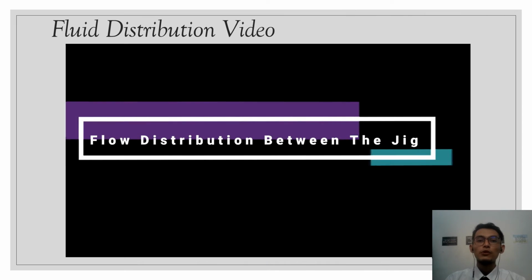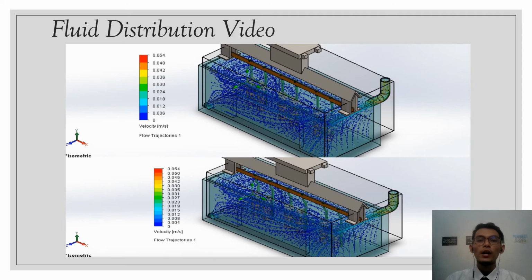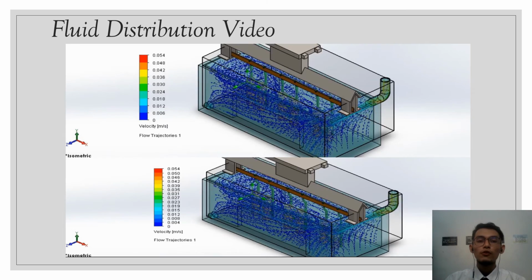This is the fluid distribution video which compares the original jig and improved jig in terms of fluid velocity.